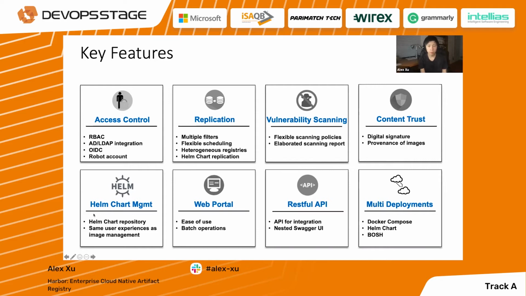So you can configure a replication policy to something like Docker Hub or another Harbor instance, but it can also be to a third-party solution like Artifactory or Quay, which are other registry solutions on the market, and the other popular public cloud registries like GCR, ECR, ACR. We also support some of the popular ones here in China, like Alibaba Cloud's registry and Huawei Cloud Registry.